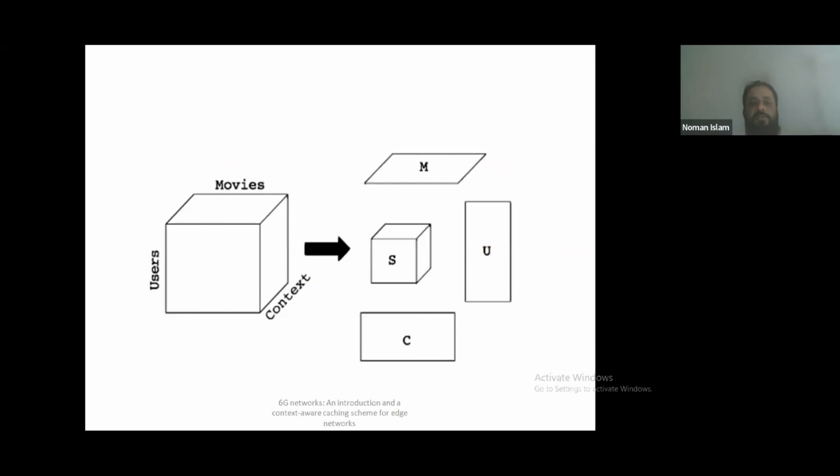So a large popularity matrix is first converted into three submatrices, and this is the singular matrix, the diagonal matrix that is also generated as a byproduct, and then they are used again to construct a low ranked version of this popularity matrix in which we have the information about the missing items as well.